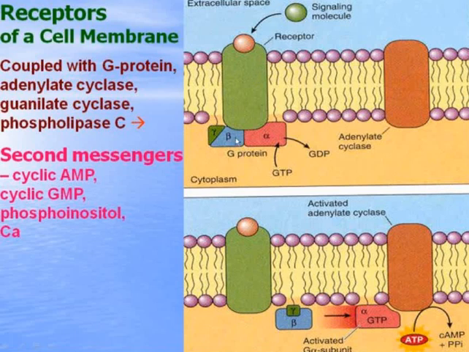They are coupled with G proteins, adenylate cyclase, guanylate cyclase, phospholipase C, and some other enzymes, which generate second messengers like cyclic adenosine monophosphate, cyclic guanosine monophosphate, phosphoinositol, or calcium ions.